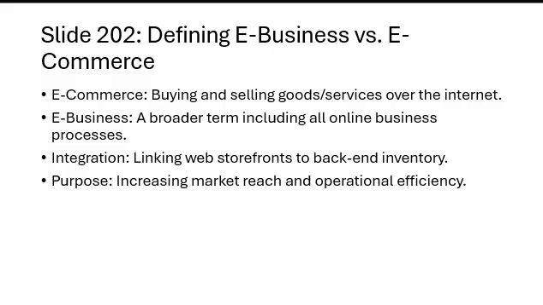So the integration links the web storefront with the back-end inventory system. The purpose is to increase the market reach and operational efficiency, and e-business will provide a broader scope than a simple e-commerce. Both concepts are important for modern digital companies.